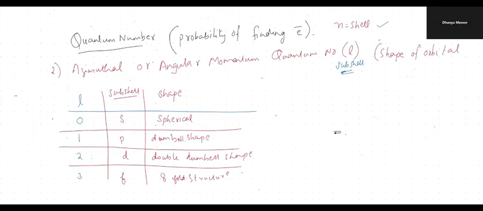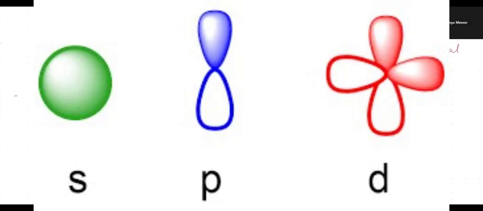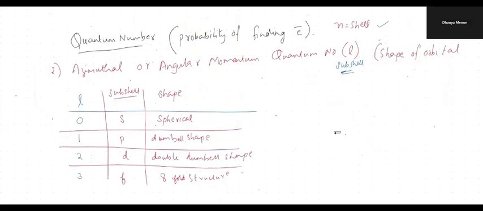So we studied the shell, and then we have the subshell, which is represented by the azimuthal or angular quantum number. Under the shell, we have the subshell. After that, we have the orbital, where there is maximum probability of finding the electron.